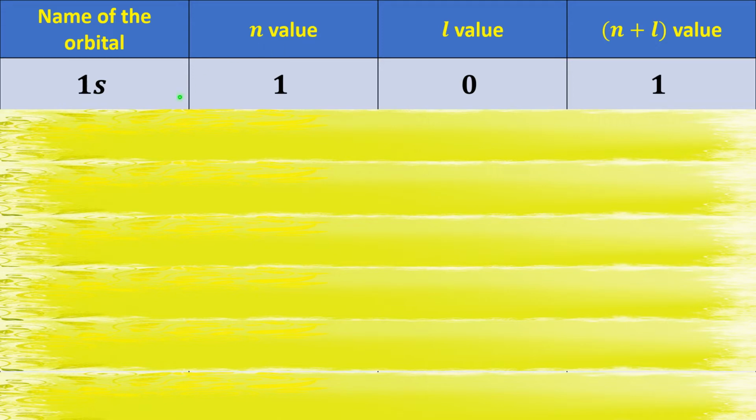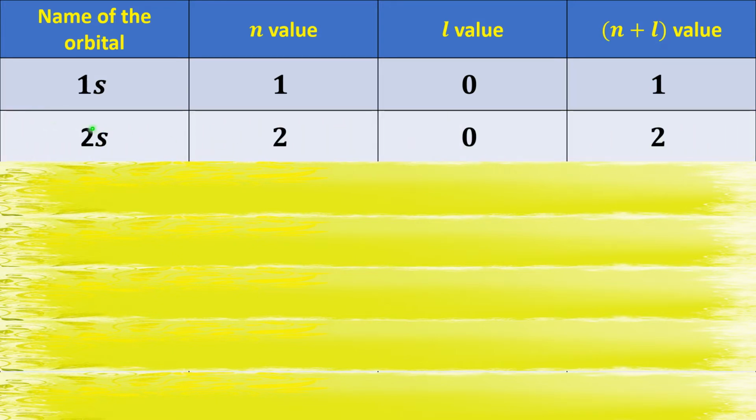Just now I have shown you the L value of s orbital is 0. So N plus L value of 1s orbital is 1 plus 0, which is 1. Similarly, 2s orbital N value is 2, L value is 0 and N plus L value is 2.